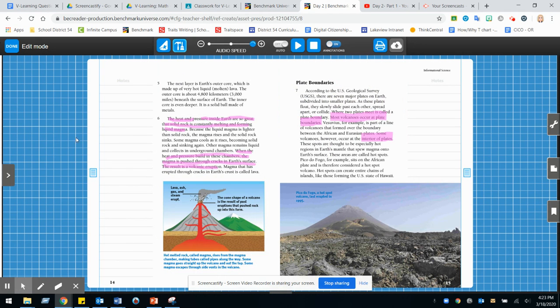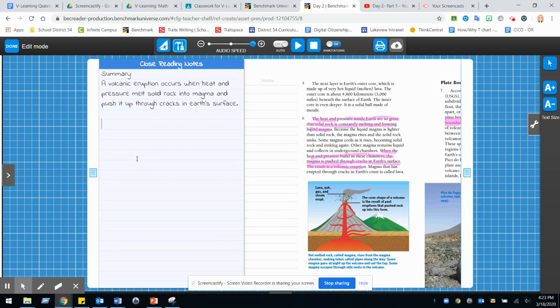Here we go. Turn the page back. Okay, I'm right here. So some signal words that can give us a clue as to which text structure is being used are because, as, when, results.